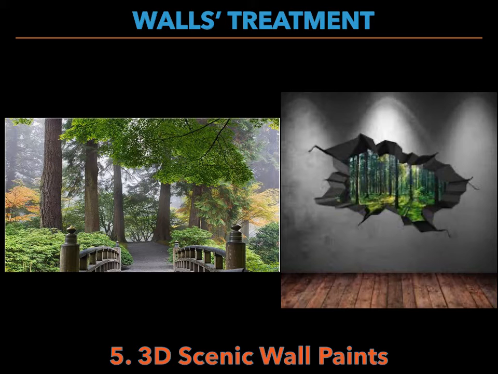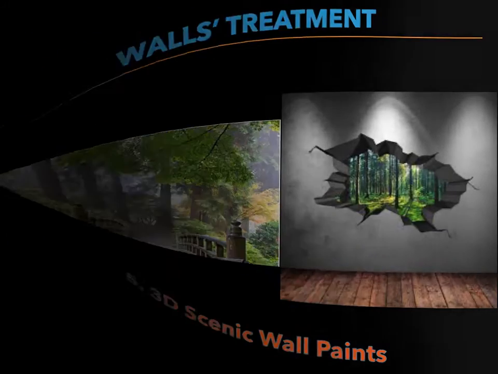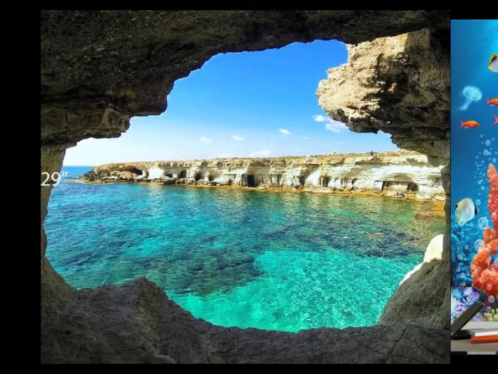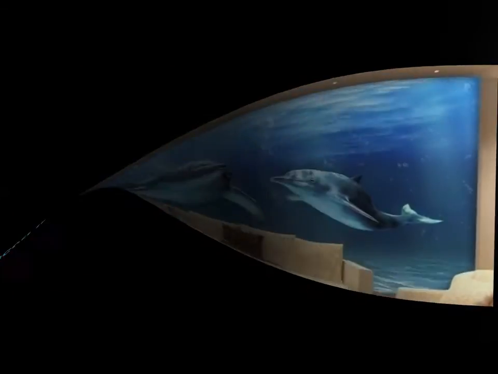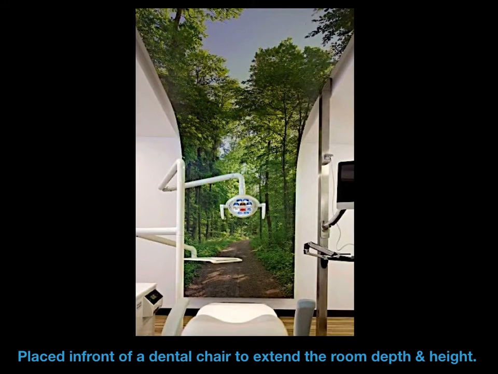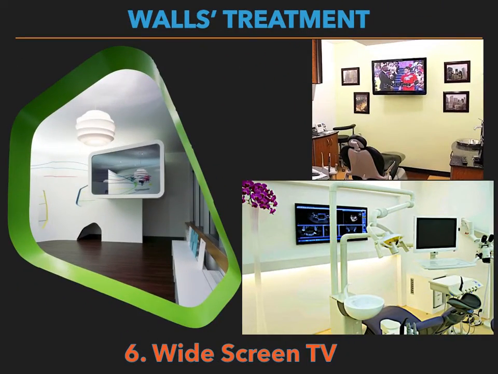3D scenic wall paint or wallpaper can also be used for a similar effect. Here, scenic 3D wallpaper is placed in front of a dental chair in order to extend the room depth and height. Widescreen TVs can be used for a similar effect.